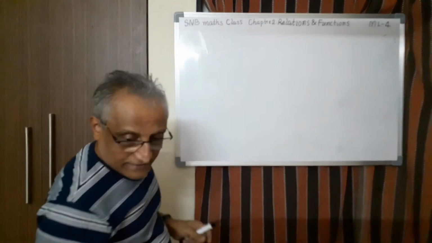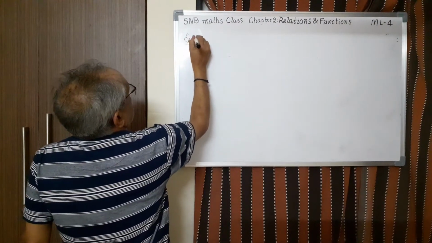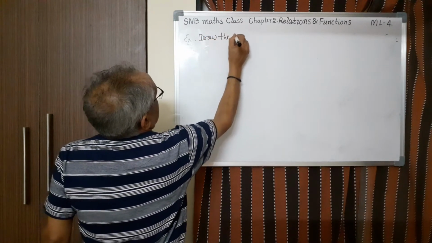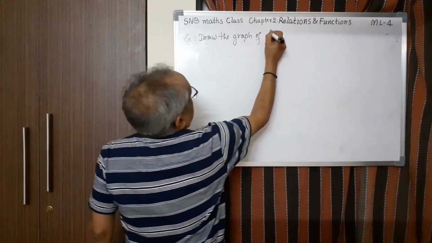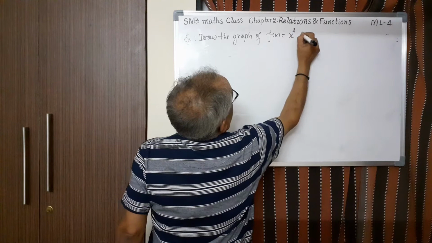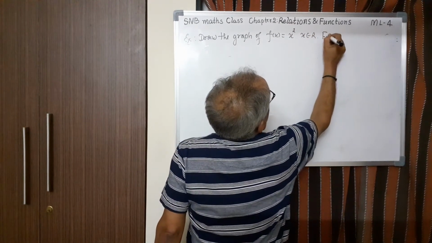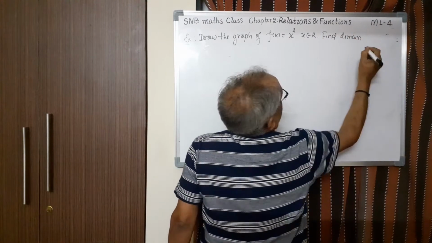There is also a very interesting graph. So second example: draw the graph of f of x equal to x square, x belonging to R. Find domain and range.